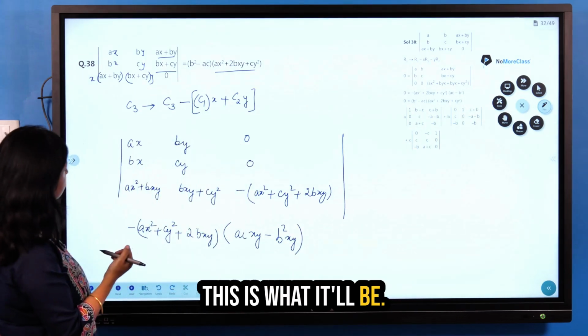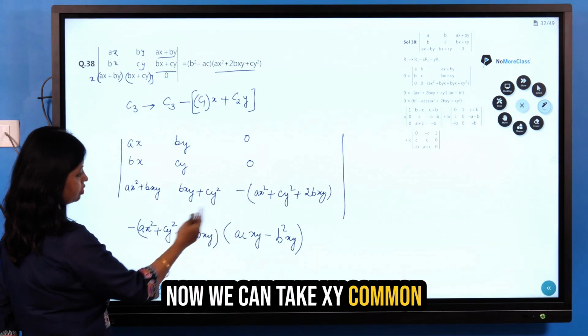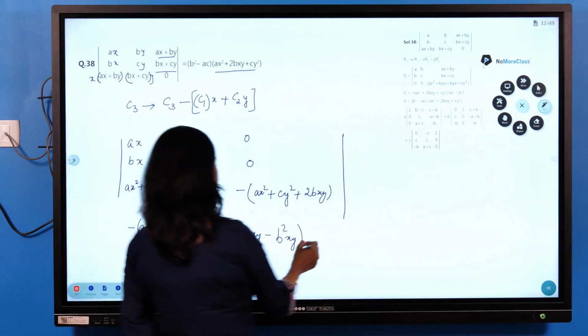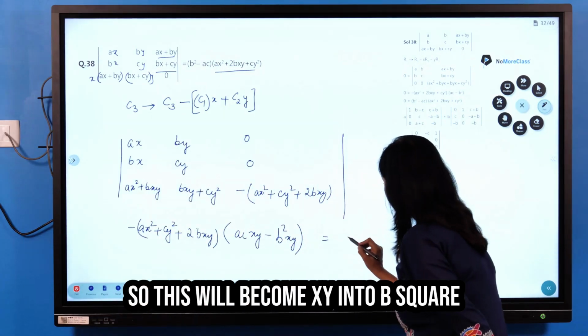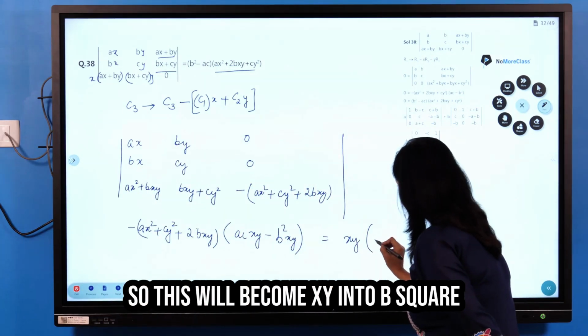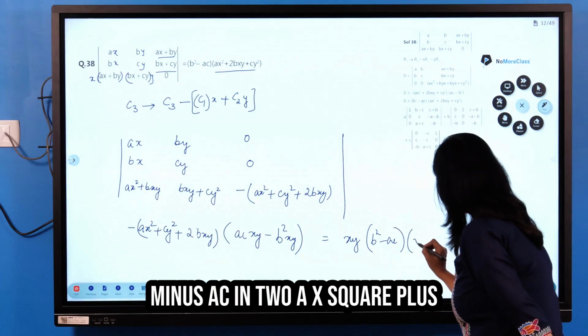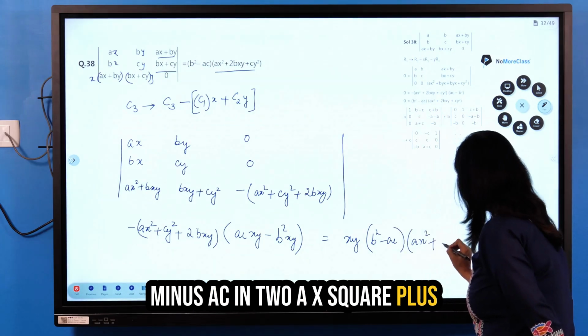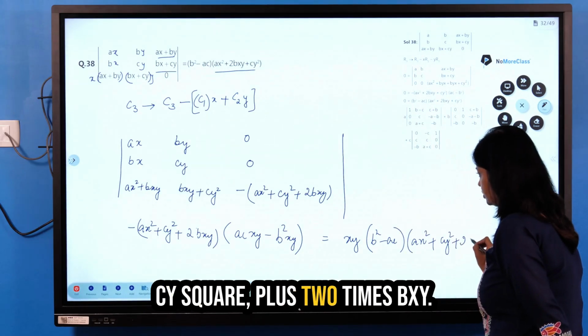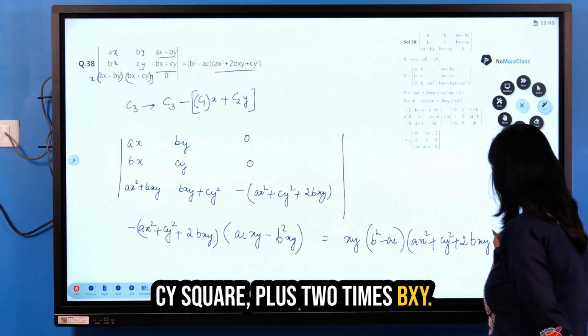This is what it will be. Now we can take XY common and negative common. So this will become XY into B squared minus AC into AX squared plus CY squared plus 2 times BXY.